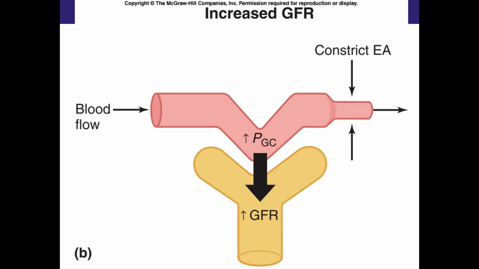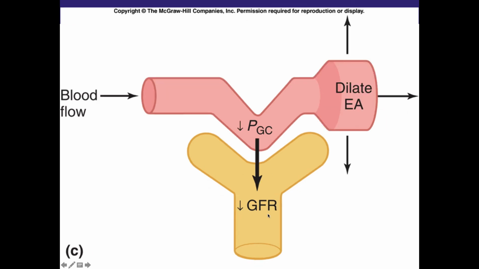Now, this is where it gets less intuitive. The opposite is going to be true if you dilate the efferent arteriole, right? If you dilate the efferent arteriole upstream, the hydrostatic pressure in the glomerular capillaries is going to fall and flow is going to decrease.